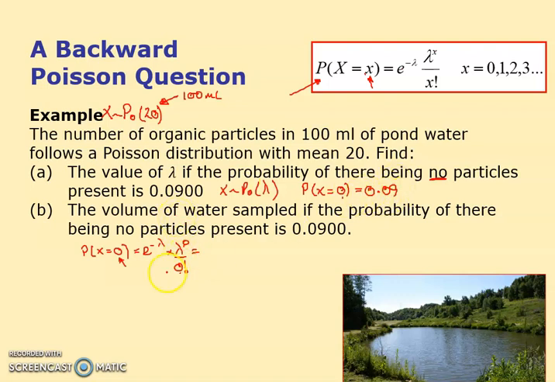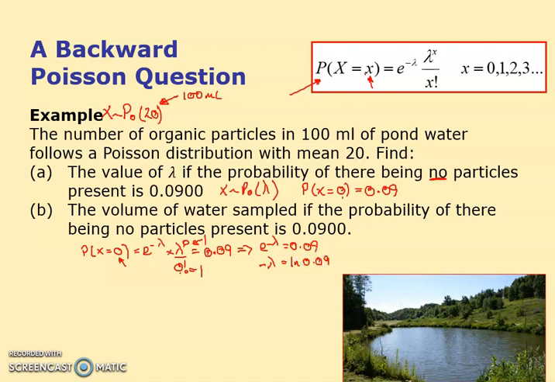This probability equals 0.09. Now, if you type in 0 factorial, this bit equals 1. And you should recall that anything to the power of 0 is 1. So really, this tells me that e to the minus lambda equals 0.09, which is great because I can move the e onto the other side. I get minus lambda equals natural log of 0.09.